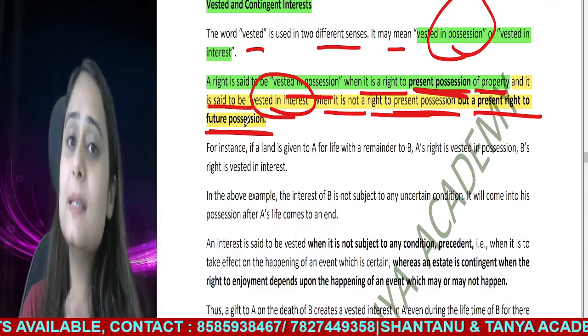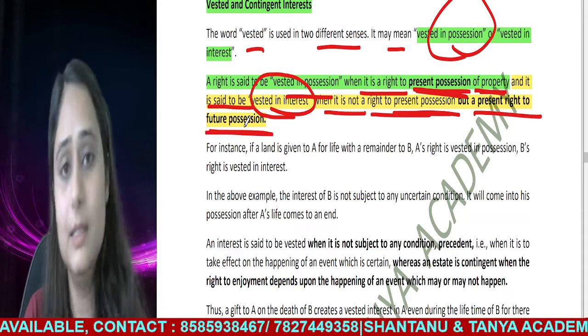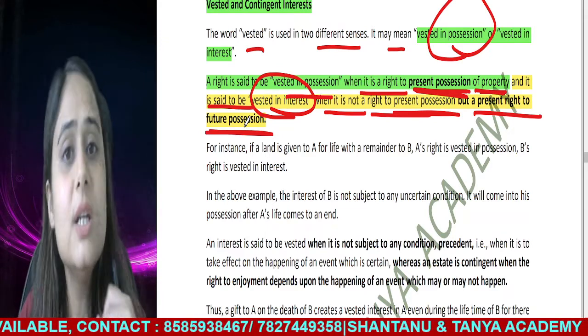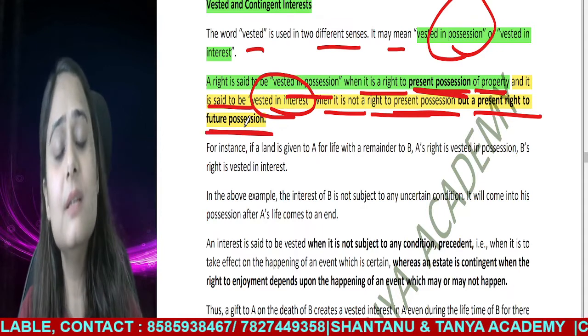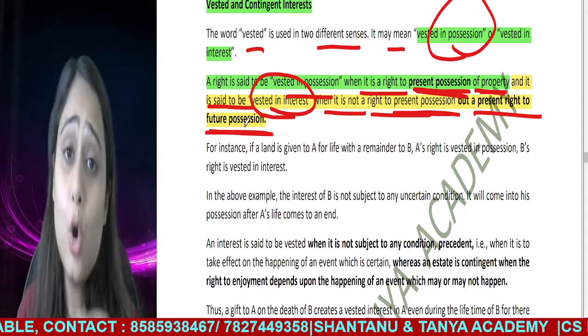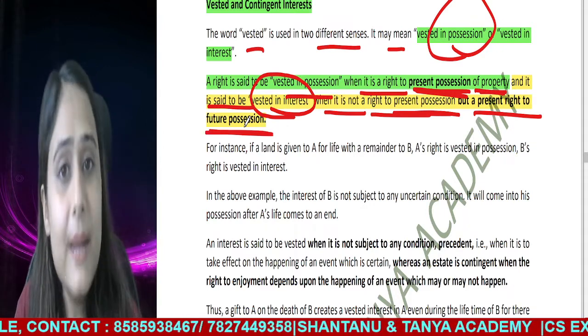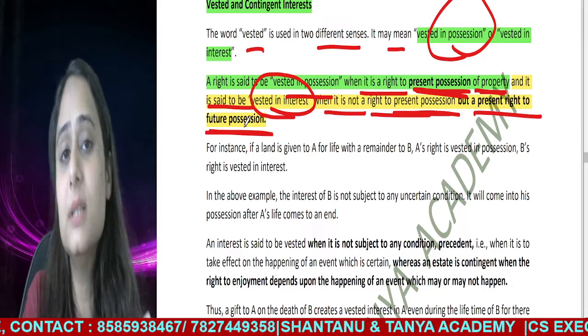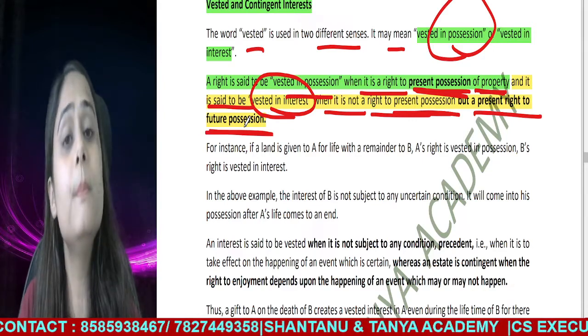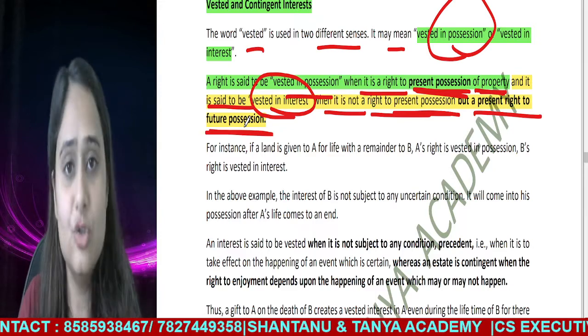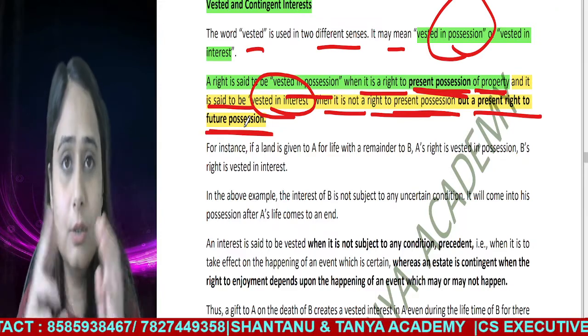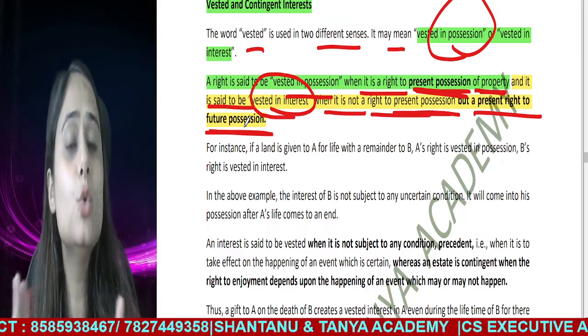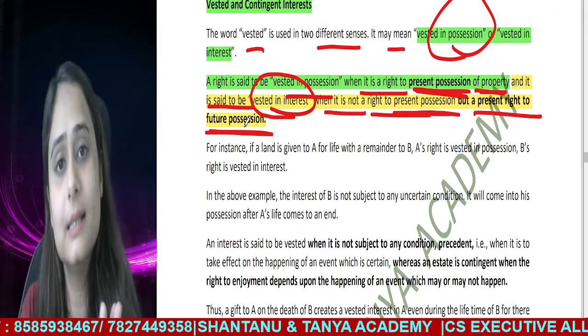So that is vested in possession or vested in interest. But contingent means that something will be transferred to me or not will depend upon happening of a certain condition which may or may not happen. That is contingent, correct? So you must be clear with these two words, that is vested and contingent.